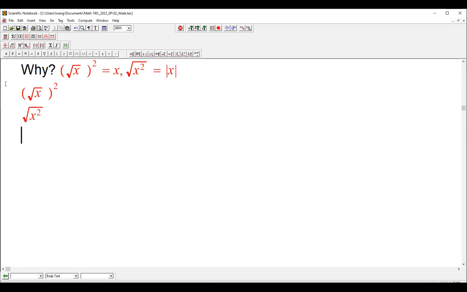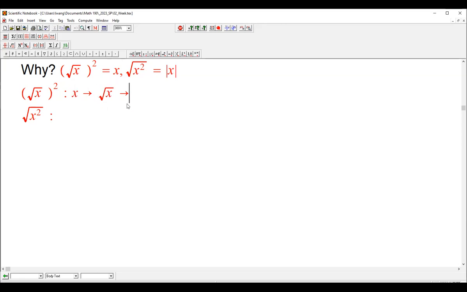If we treat each of them as a function, we will notice that for the first one, according to the order of operations, we have x, and after the input is given, we do the square root of x. So this x has to be in the domain of square root of x.